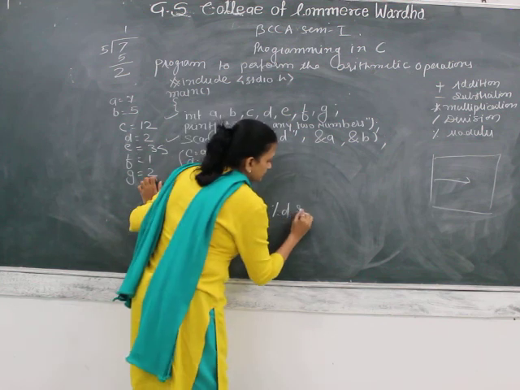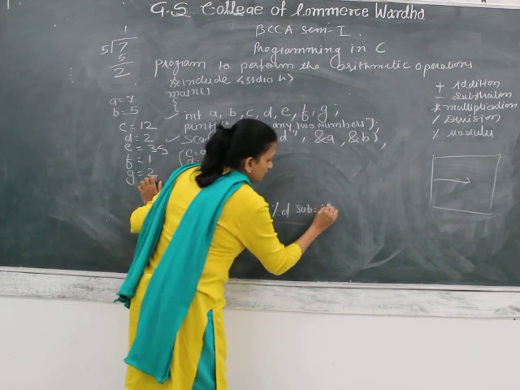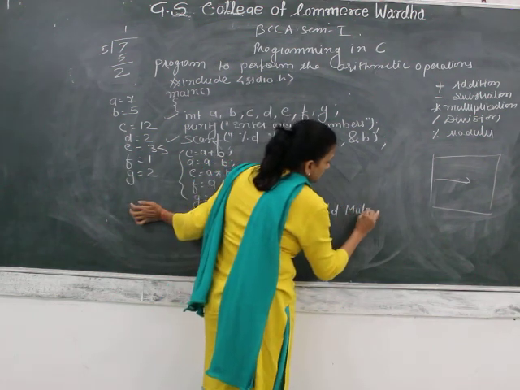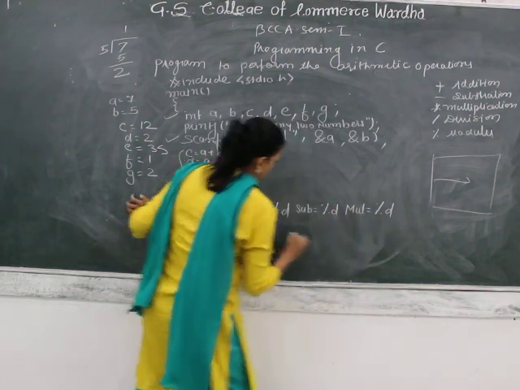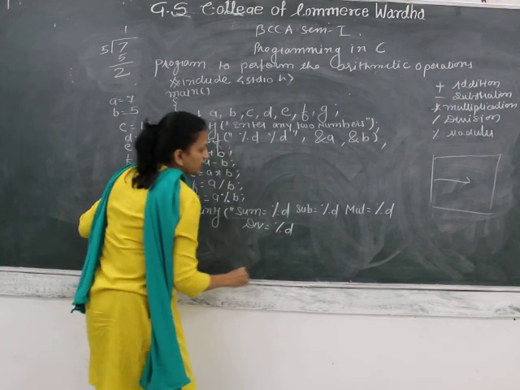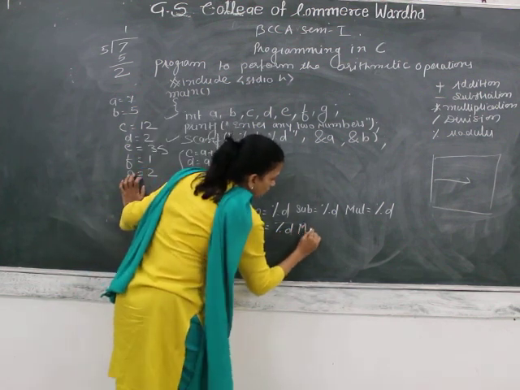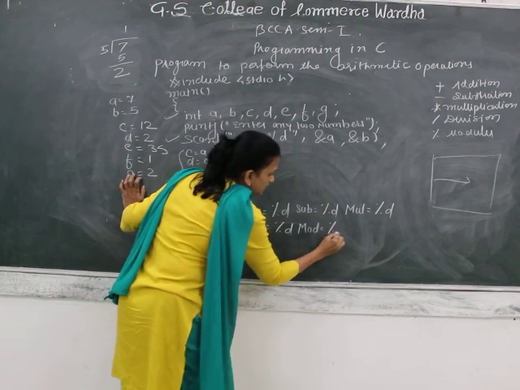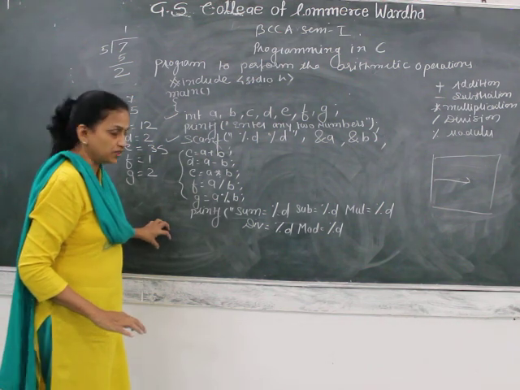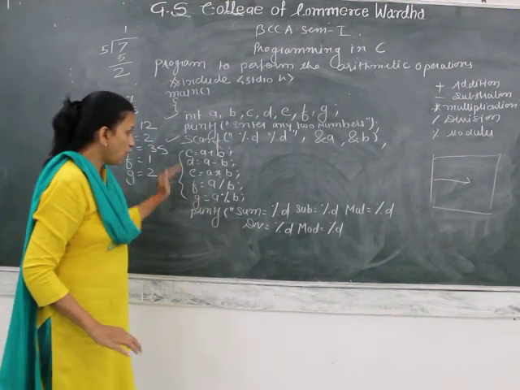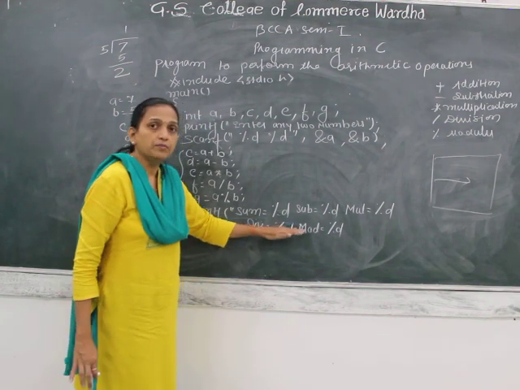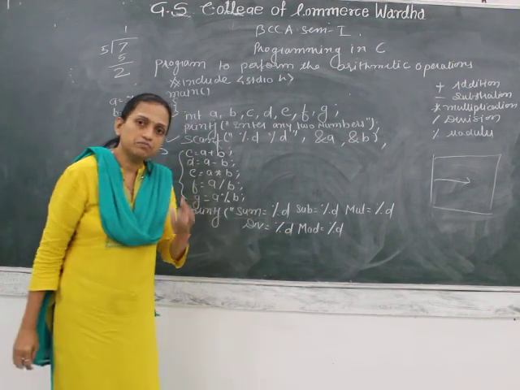Then next is subtraction %d, then multiplication %d, then division %d, and the next is mod is equals to %d. So you have performed 5 operations, and all those 5 values you are printing, but with a particular message.